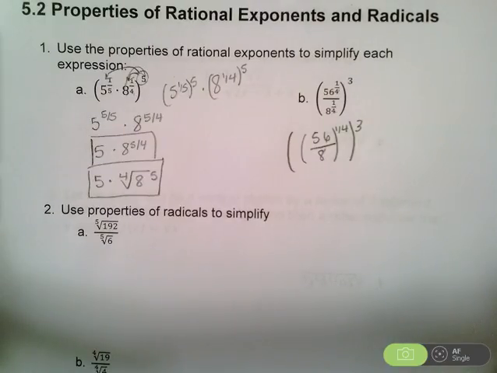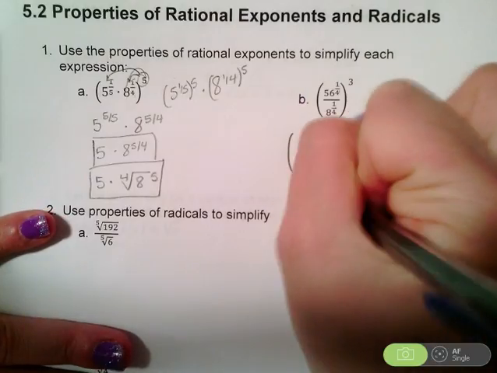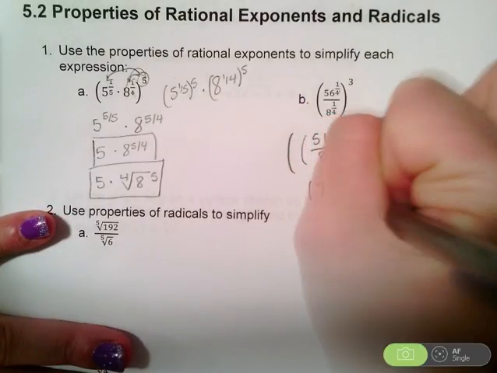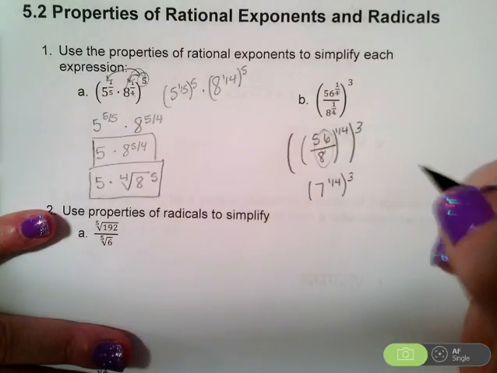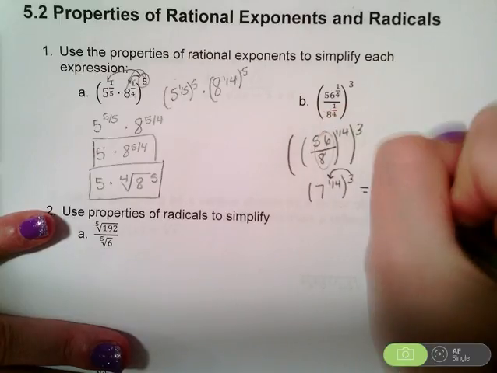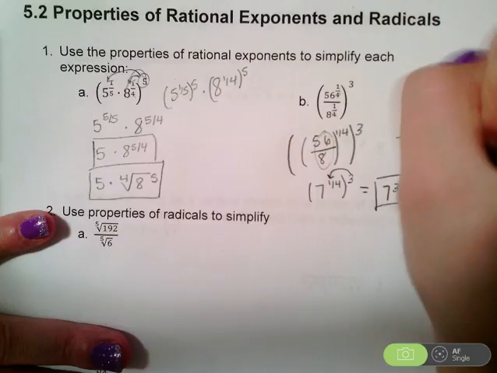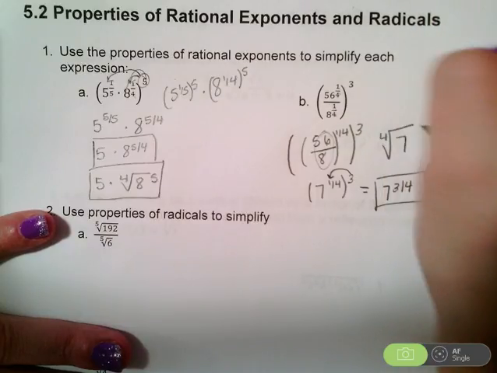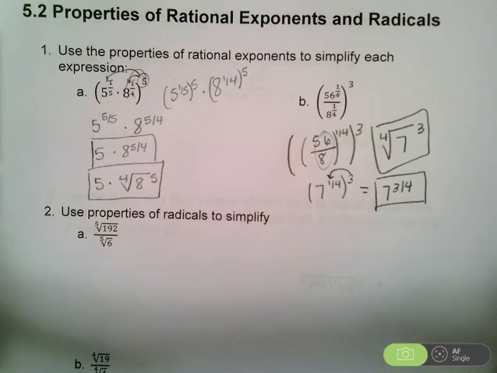The reason that I did this is because I know that 56 over 8 simplifies to 7, okay, so I can simplify this inside to be 7 to the 1/4 cubed. And then all I have to do is distribute that 3 inside and multiply it by the 1/4, so now I have 7 to the 3/4, and I can keep it like that, or you could write it as the 4th root of 7 cubed, and it doesn't matter to me which one you do, okay? Again, you might have to play around with Big Ideas to see what they have for you.